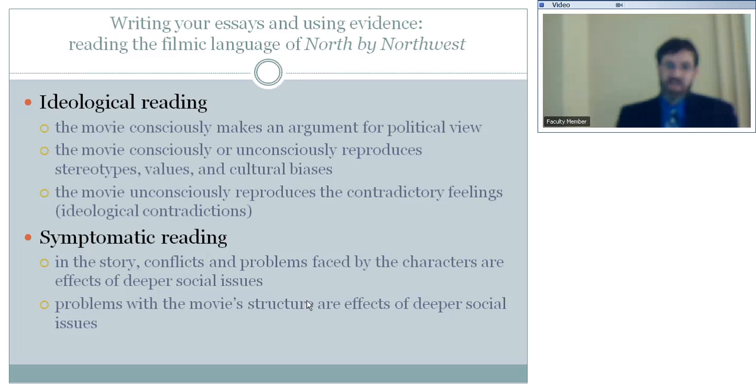But another symptomatic reading is when you look at the problems with the movie structure and how those problems are effects of deeper social issues. A lot of you noticed problems with the movie structure. We saw, for example, that the romantic relationship between Eve and Thornhill was ridiculous.